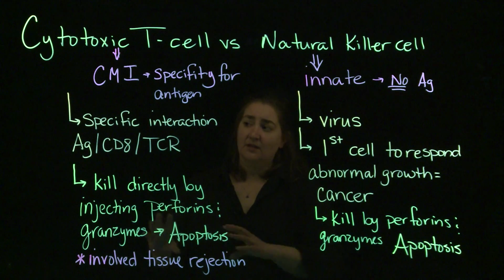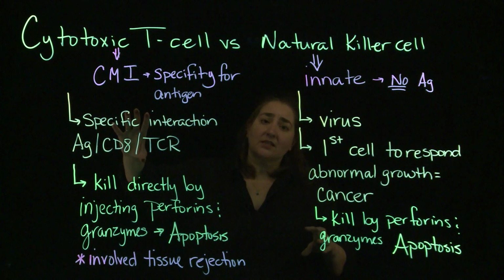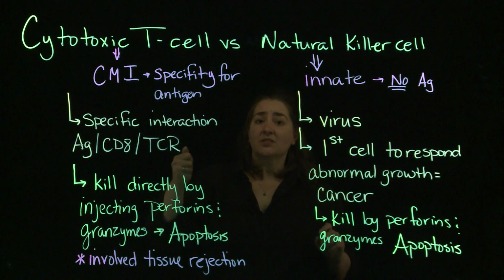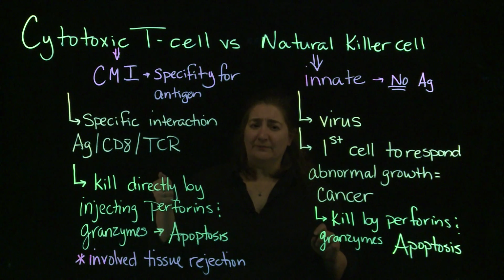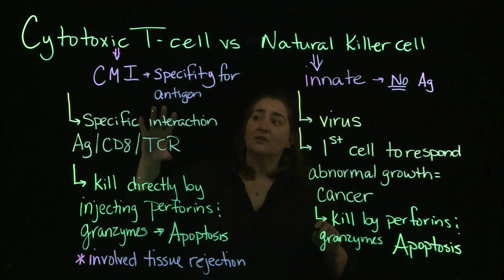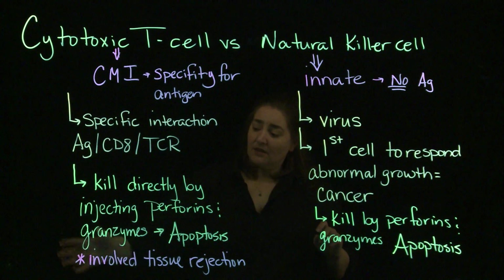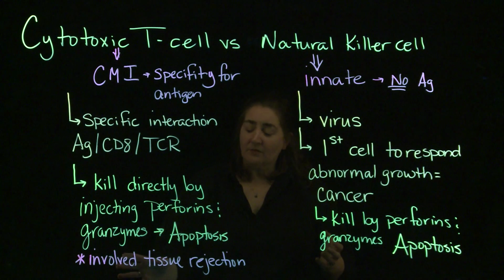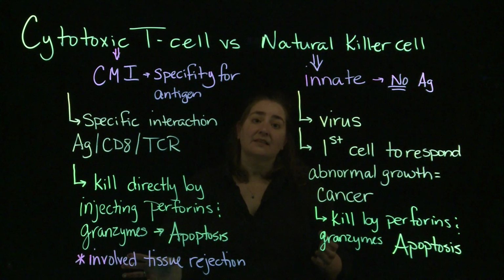Because when you transplant a tissue or an organ from another person or from an animal into a human, it's going to be the cytotoxic T cell that's going to realize, hey, that MHC1 on the outside of that cell, that's not the right one. I need to get rid of this cell. So the immune system will target that transplanted tissue because it's not recognized as self. It's recognized as foreign.